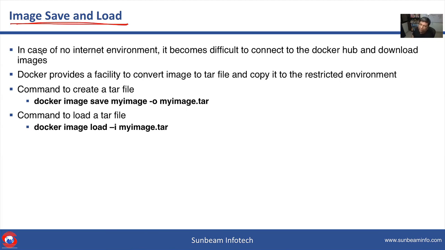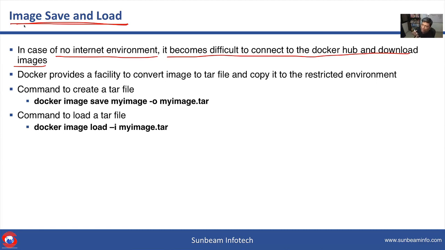And Docker Hub is one of the public repositories where you can download the required images. But for that, you have to have an internet connection. Not every time you're going to have an internet connection, in which case it will be difficult for you to share your images or download the different images out there. So in case of no internet environment, it becomes difficult to connect to the Docker Hub and download the required images there.